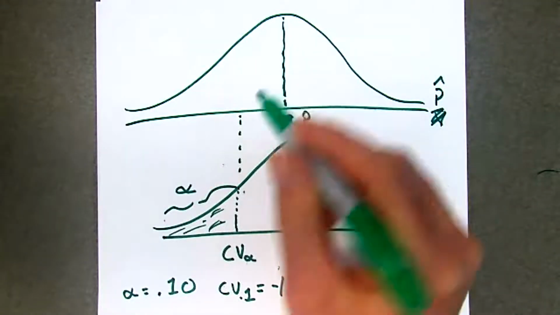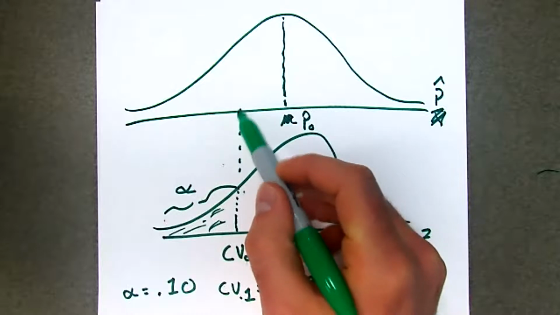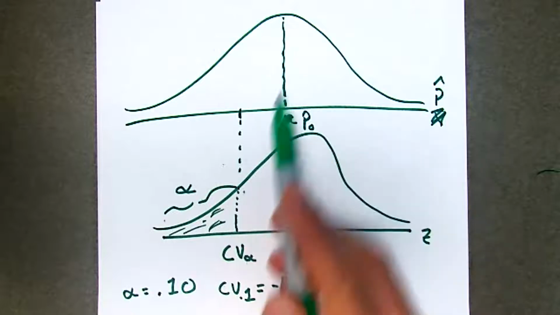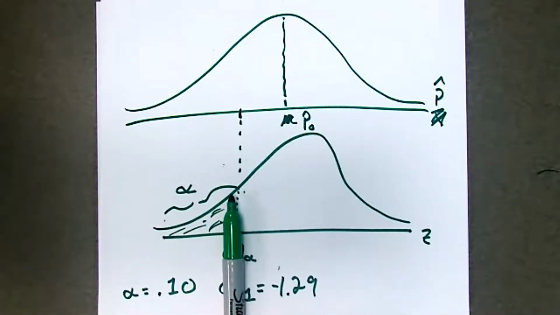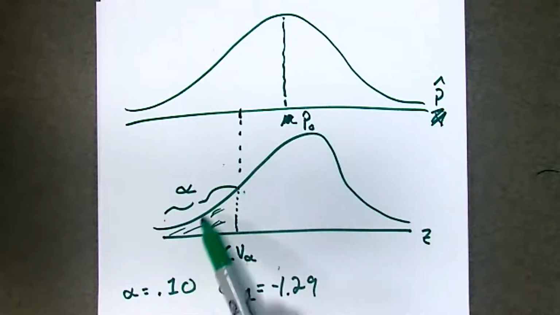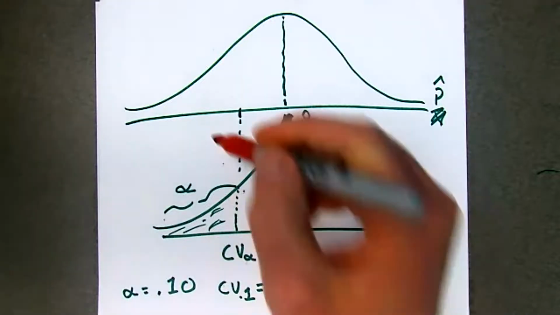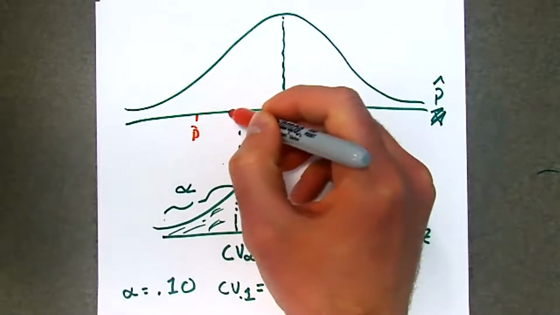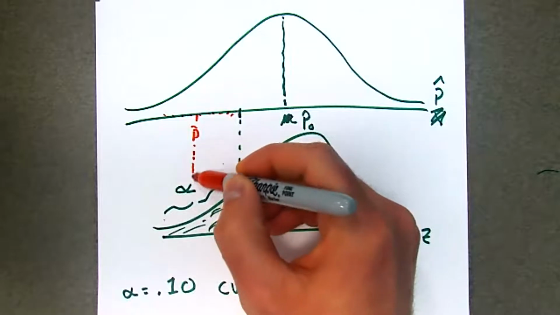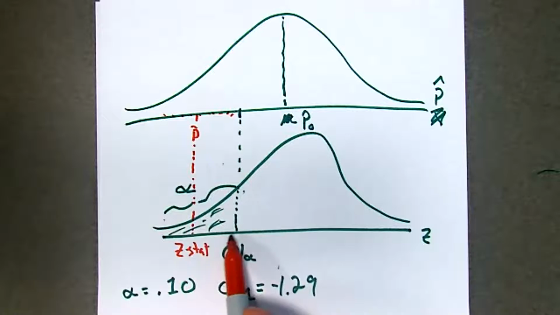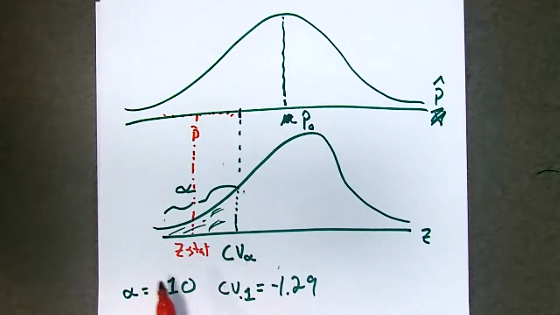If I see a sample proportion that's negative 1.29 standard deviations below that assumed true population proportion, the probability I see something 1.29 standard deviations below this value is alpha, or 0.1 in this example. So if I see a sample proportion anywhere out here, that's going to translate to a test statistic that represents more than 1.29 standard deviations away from that assumed true value.